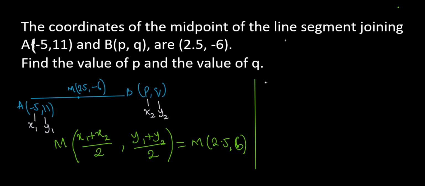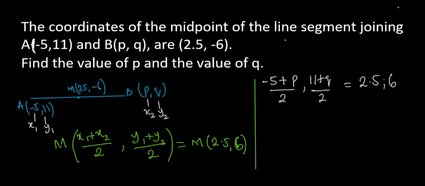So x1 plus x2: we have -5 for the x1, and the x2 is p, divided by 2, comma, the y1 there is 11 plus the q, which is y2, divided by 2. Now this will equal (2.5, -6).